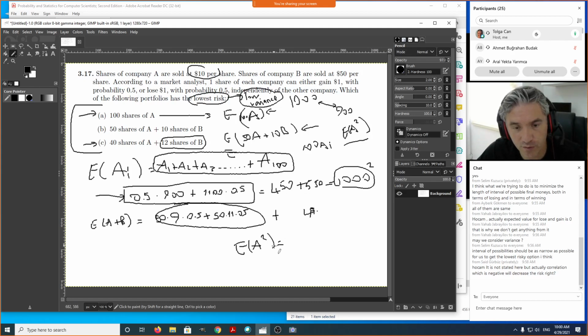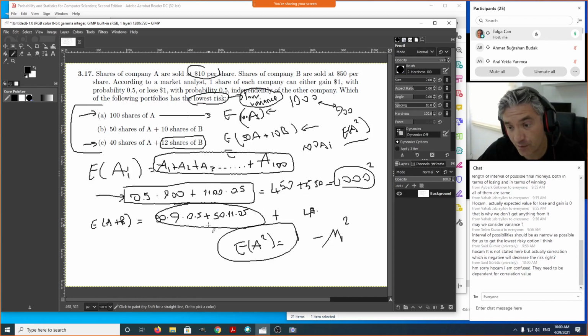In order to find the value of this, each probability should be multiplied with the square. So our variable is this. We need to compute the expected value of the square of this random variable, then subtract from it this expected value square to find the variance. And we do it for all of the three cases.